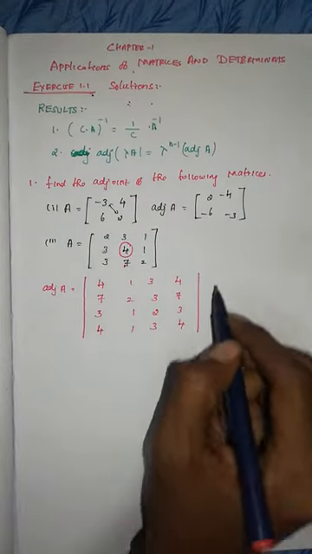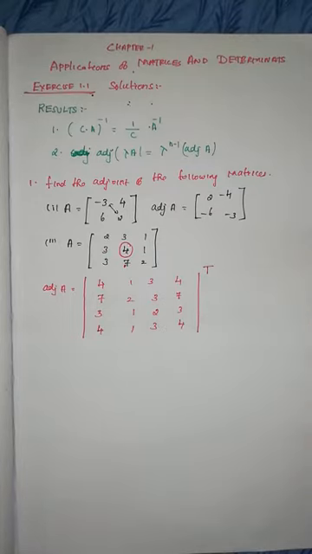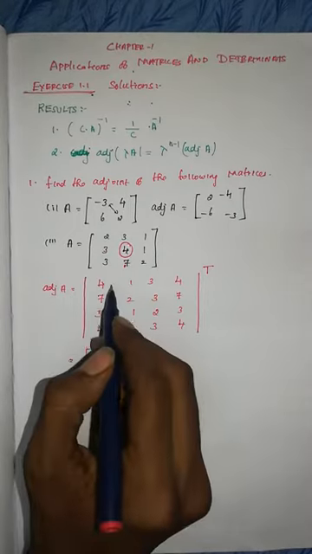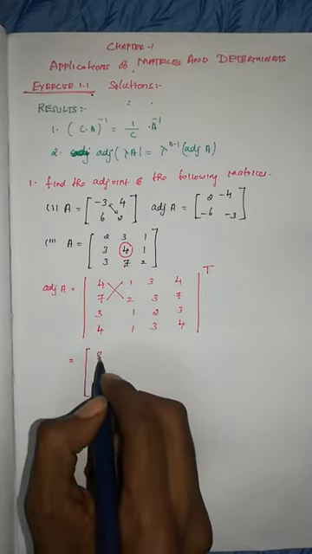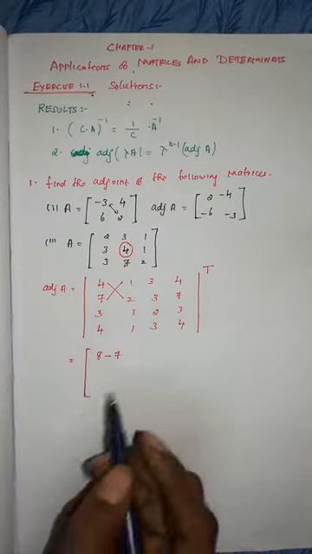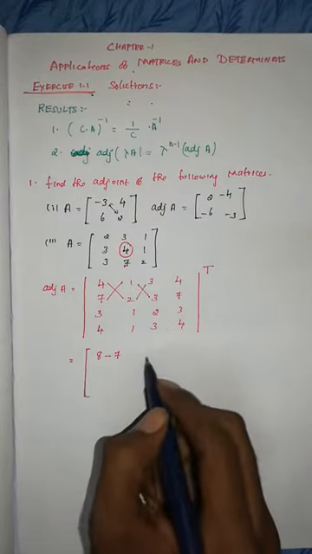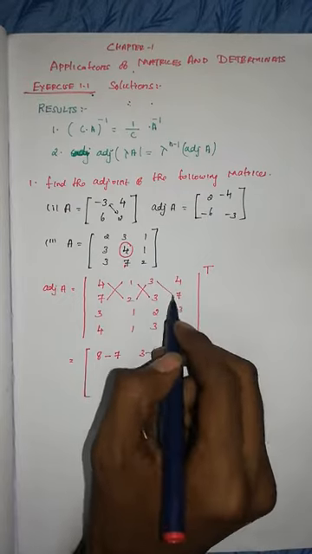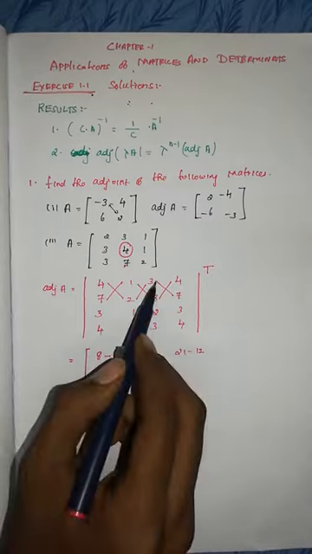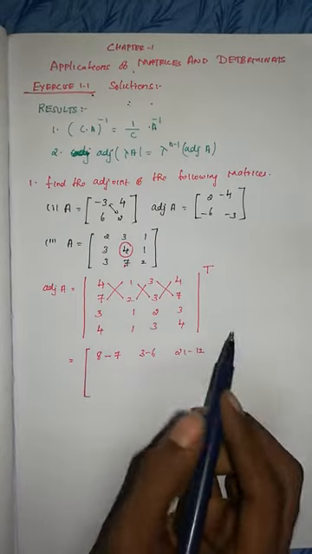And the important thing is that you have to put transpose at the top. So we have 4 2s are 8, in between it should be minus, so 7 into 1 is 7. So 3 minus 6, 21 minus 12. 4 3s are 12.